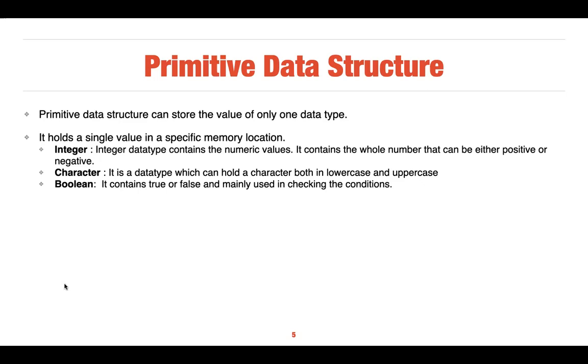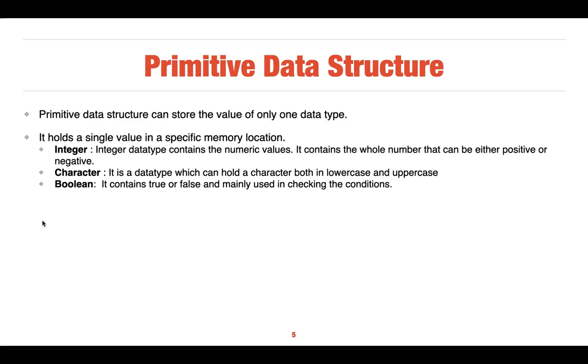When you enter the roll number, that value will go to the specific memory location which was given to that variable. So it can hold a single value in a specific memory location. Examples are integer, character, boolean. These are examples of primitive data structures.